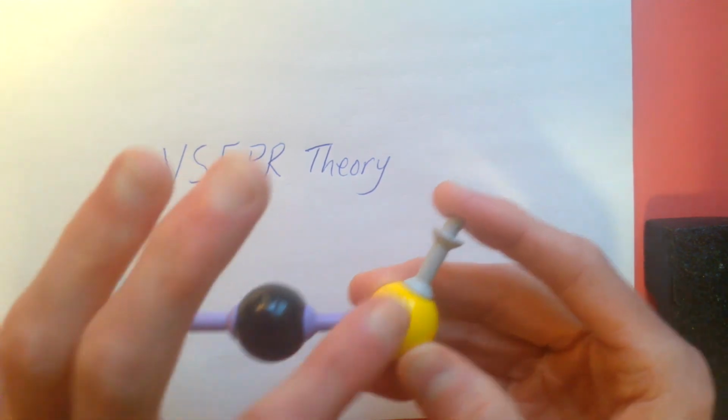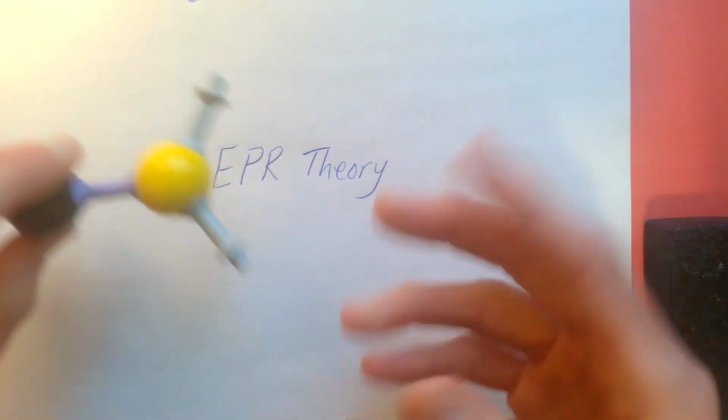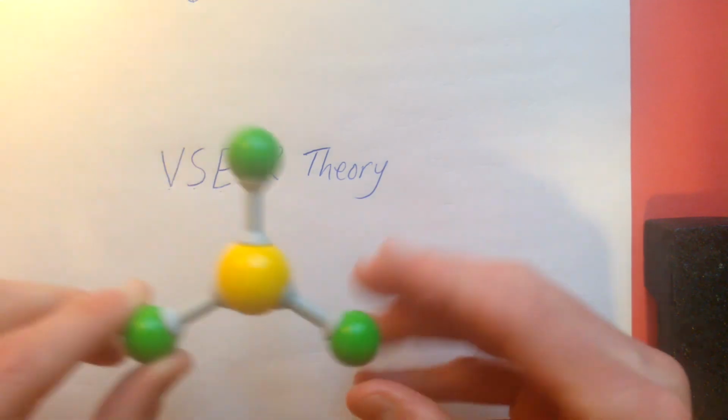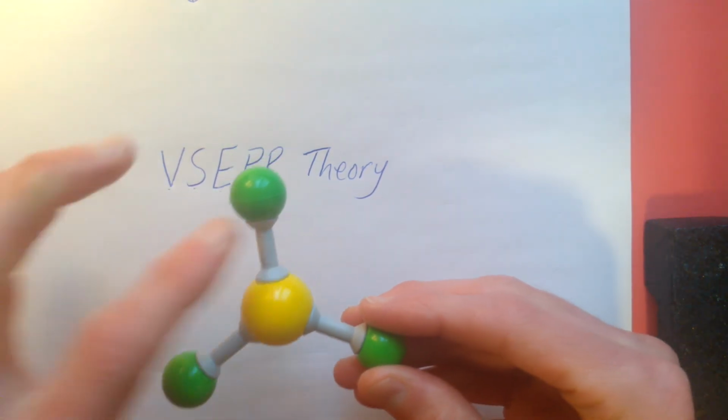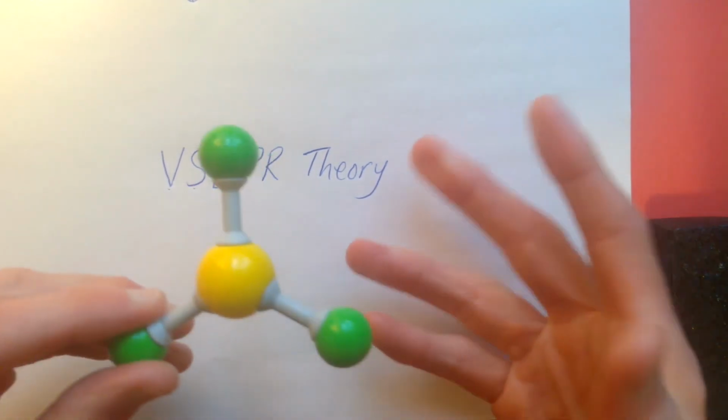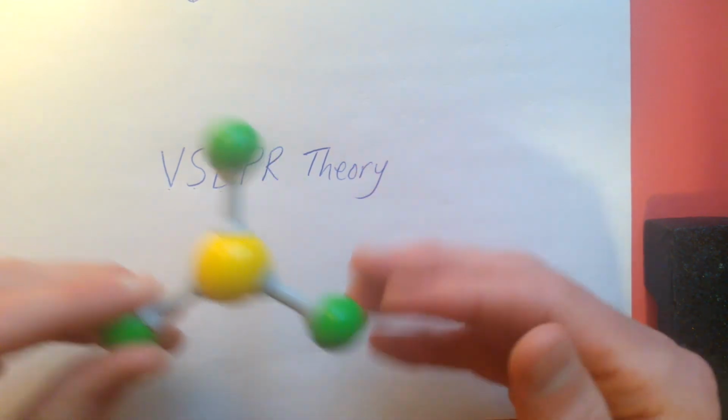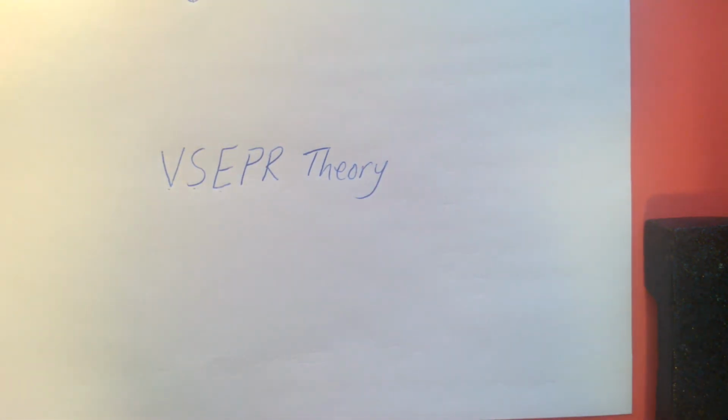So there are repulsion forces, and they're going to maximize the distance between themselves. And so we can predict those bond angles based upon these simple arrangement models, giving us more insight into the three-dimensional shape, structure, and orientation of our molecules.